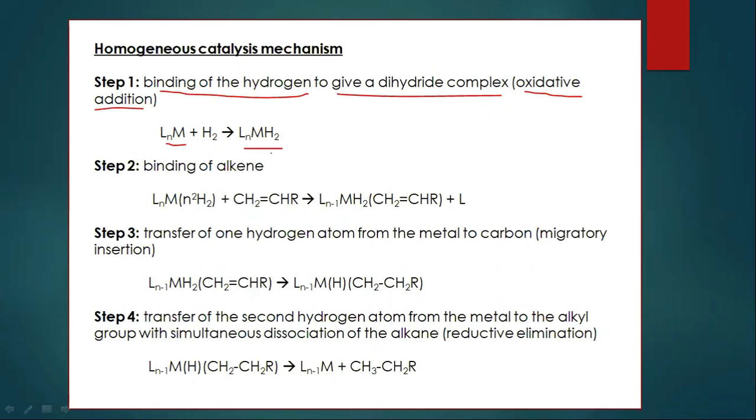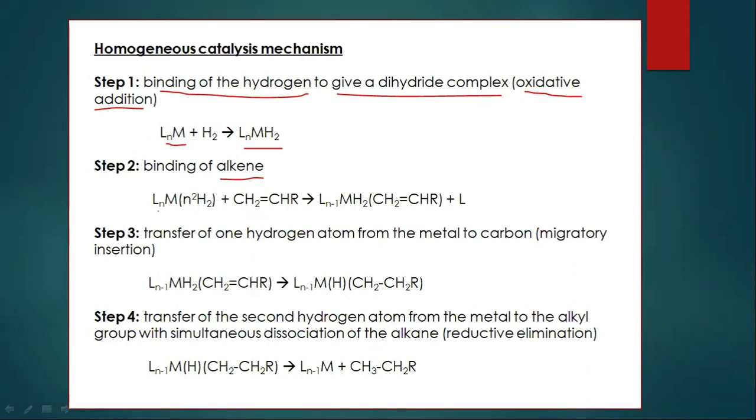Next, as soon as step one is complete and the dihydride complex LnMH2 is formed, comes step two. In step two of the mechanism, the binding of alkene occurs. As soon as this dihydride complex is formed, the alkene, which is the site of reduction, needs to be converted into alkane. So the binding of the alkene to this dihydride complex will occur.